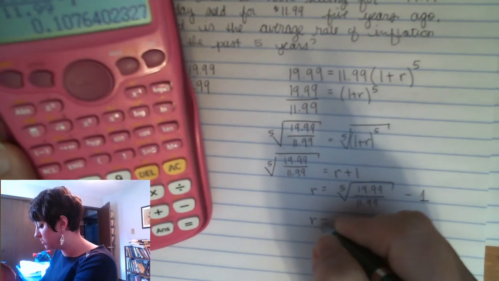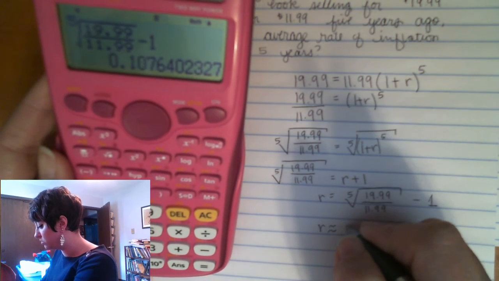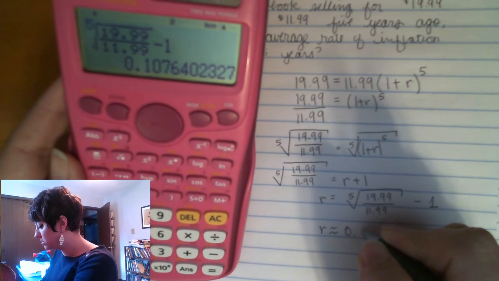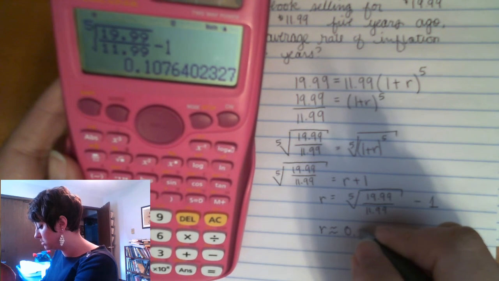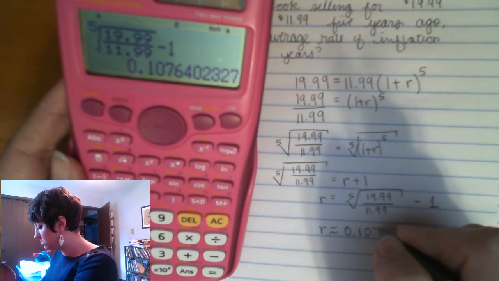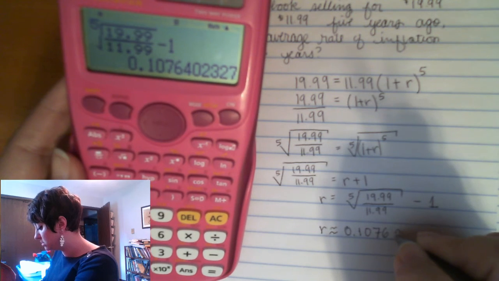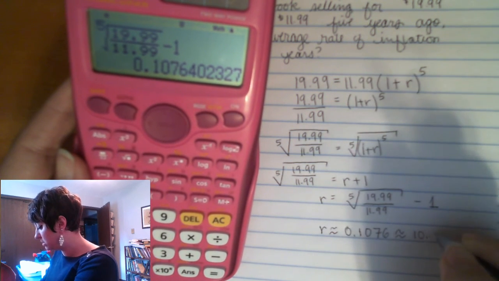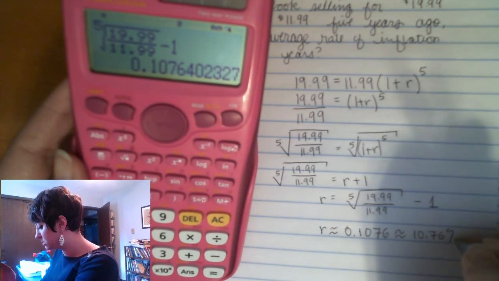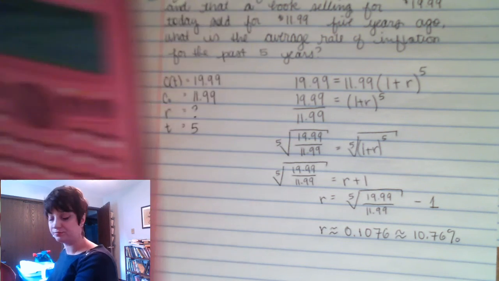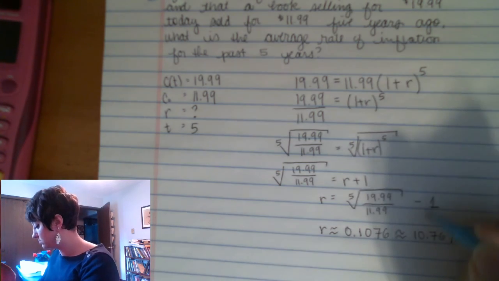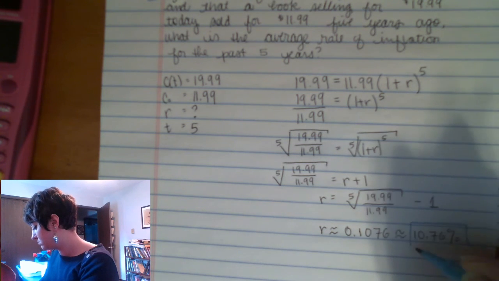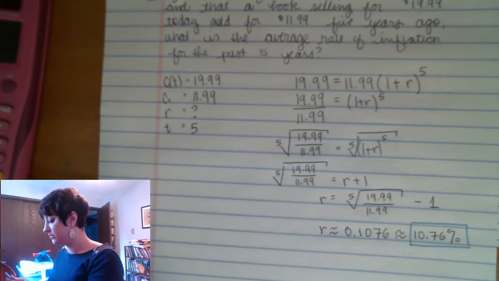It doesn't say how to round. Let's say 2 decimal places. So 0.1076, which is 10.76%. Okay.